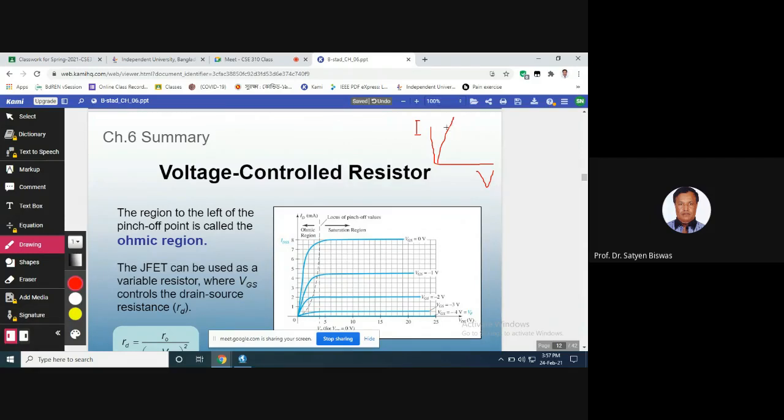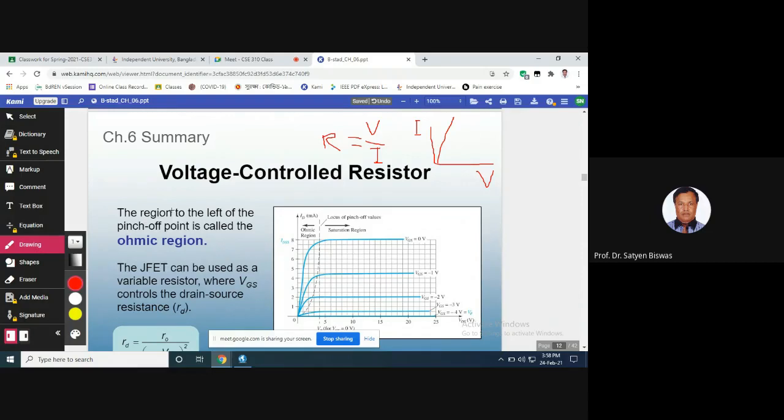What is the relation between this line with the I and V? R. R is equal to V over I, right? So it's a resistive curve. A resistive curve is always constant. If it is constant, that means it's a resistive curve.